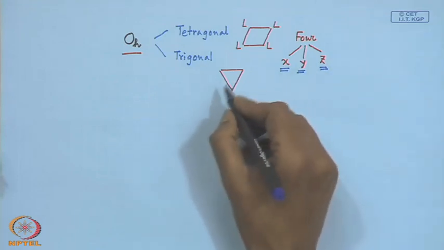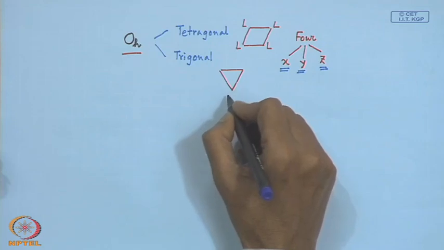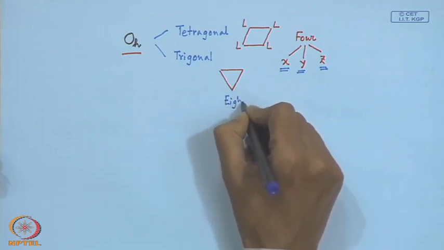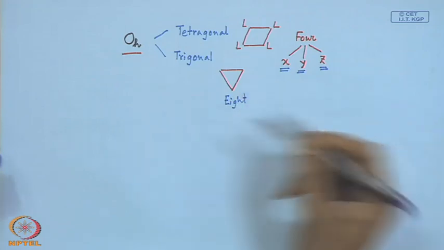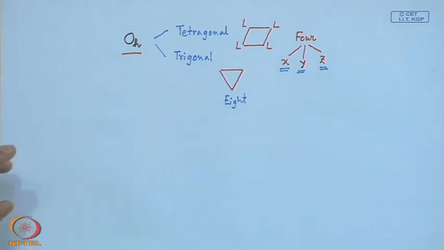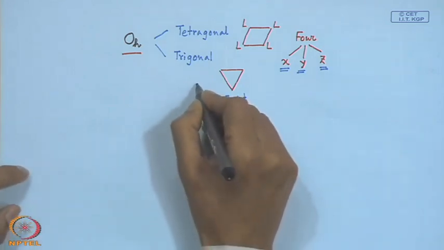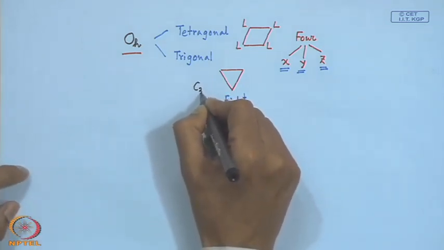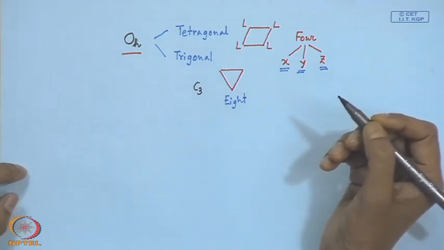Similarly, in a particular octahedron we can have 8 such trigonal faces, and along these trigonal faces, which we will consider along the axis, which we will consider as the C3 axis.